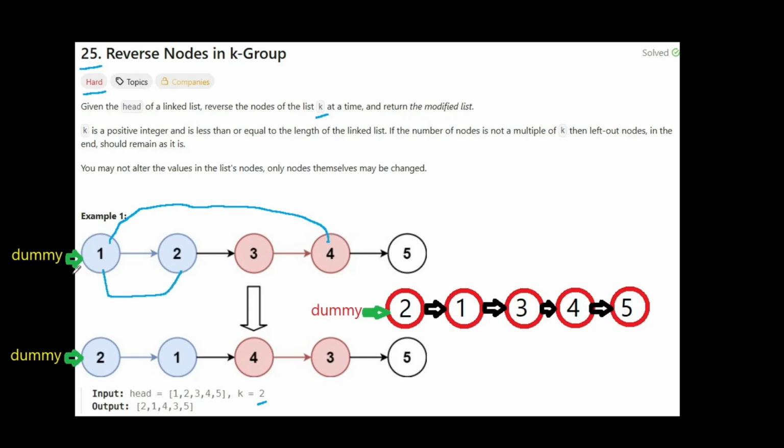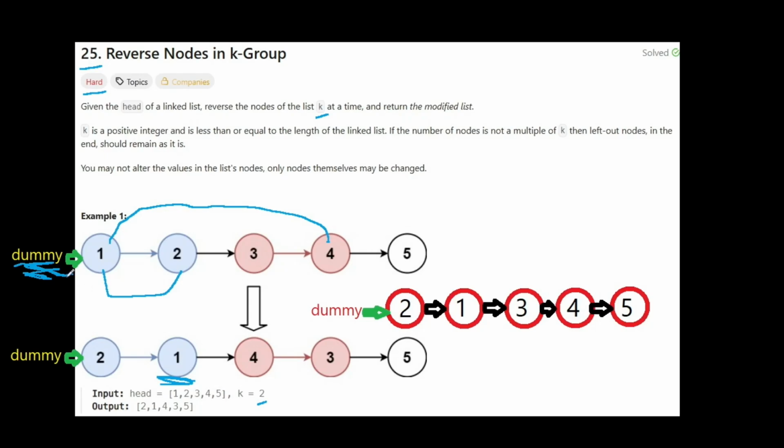And the before here at start, it's dummy. I will create a dummy node at start, so I can return dummy.next at the end. But this is before the group that we want to reverse. In this example, at the start the before is dummy, but later when we try to reverse the second group, the before will become this one.